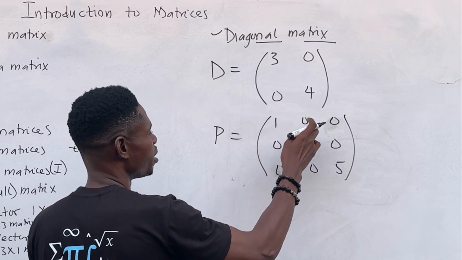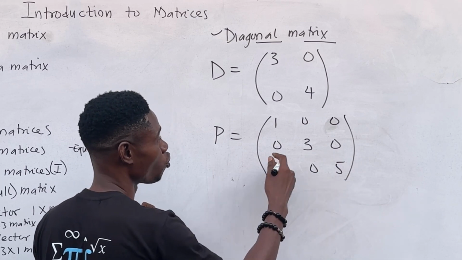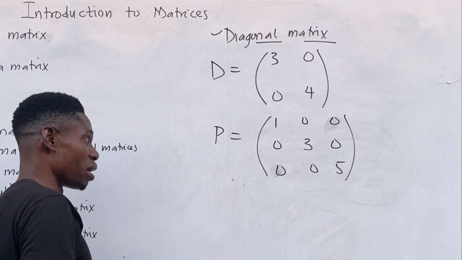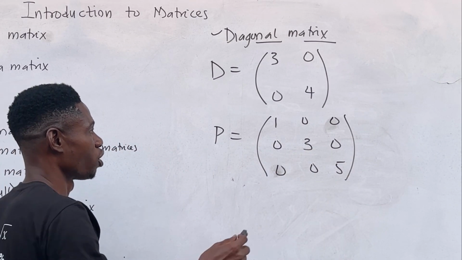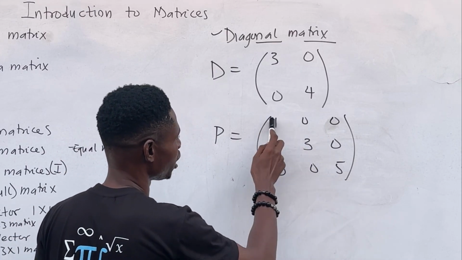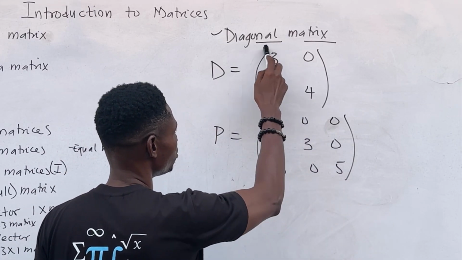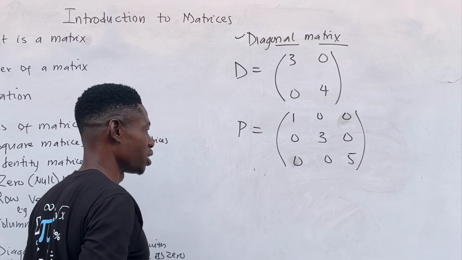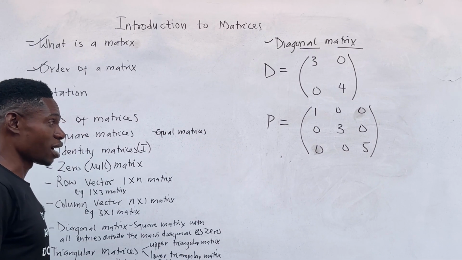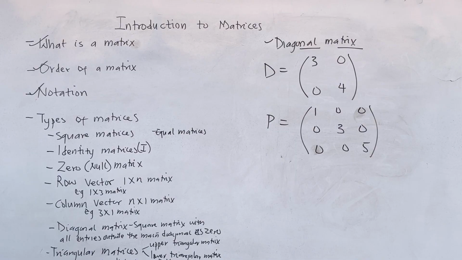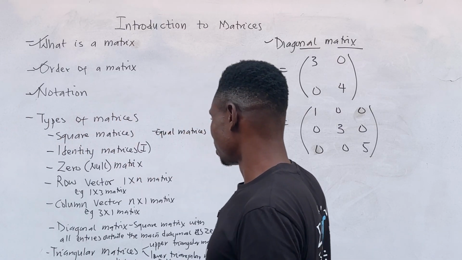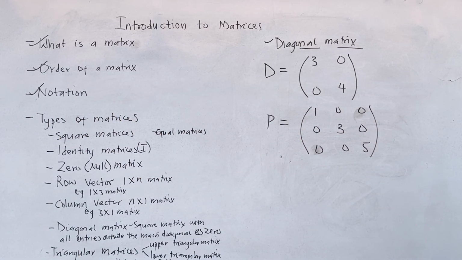Now, if all these diagonal elements were 1, you would call it an identity matrix. But this one we call a diagonal matrix because the elements are not all 1, and you only have elements in the principal or main diagonal. All the other elements are 0. Okay, so that's the diagonal matrix.